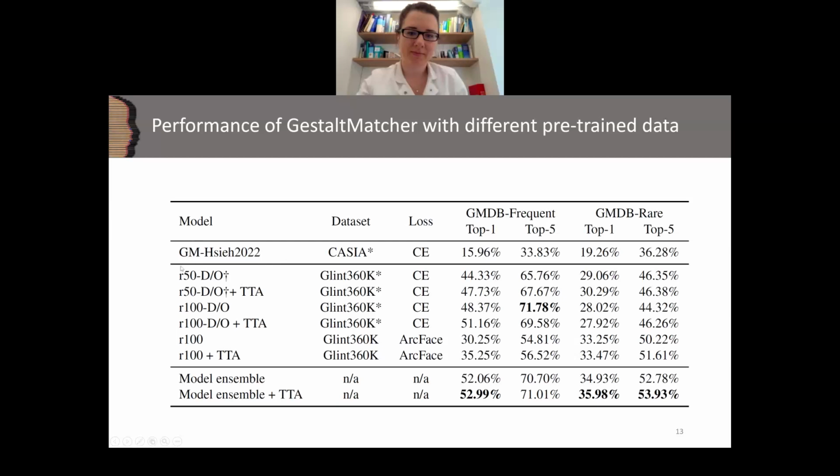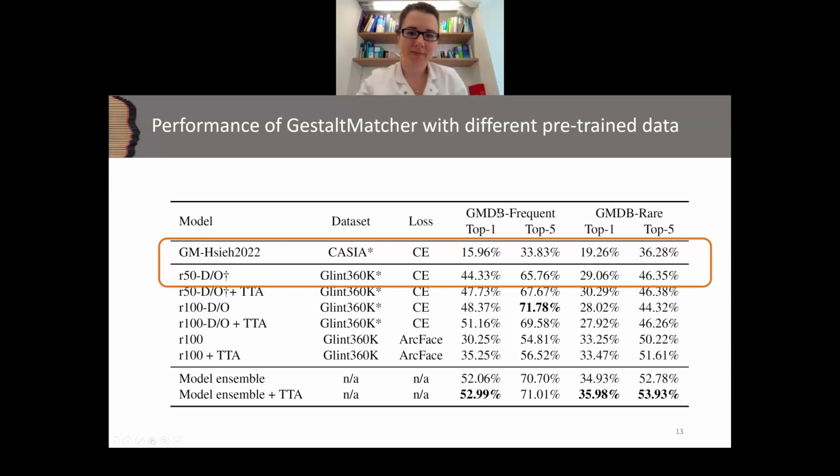In the middle here, we have R50, R100, and the other settings. R50 is the ResNet 50 and R100 is the ResNet 100. So we are trying to use different architectures to see whether we can increase the performance. First of all, we can see a huge difference if we apply the relatively latest architecture, which is ResNet 50, compared to what we used in the previous publication, which is an architecture from like 10 years ago.